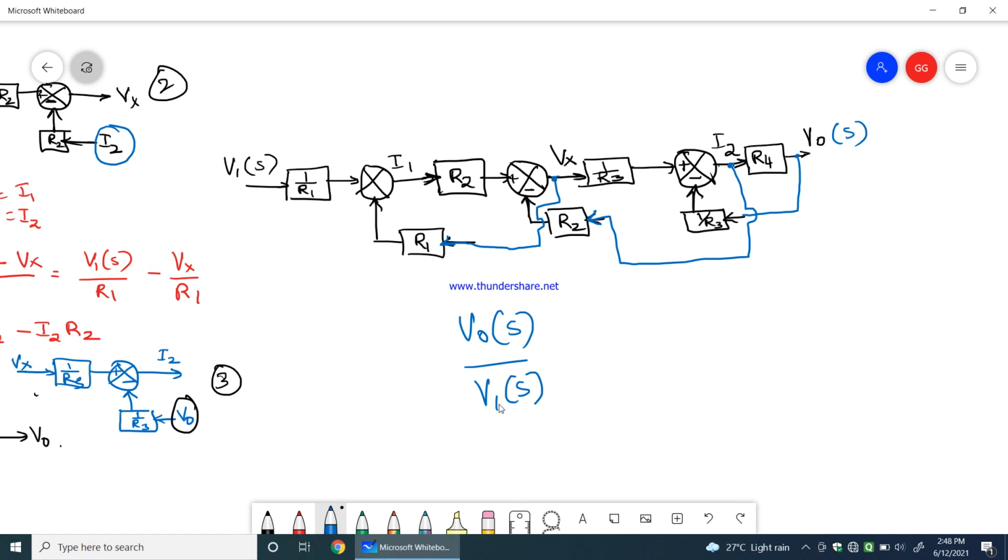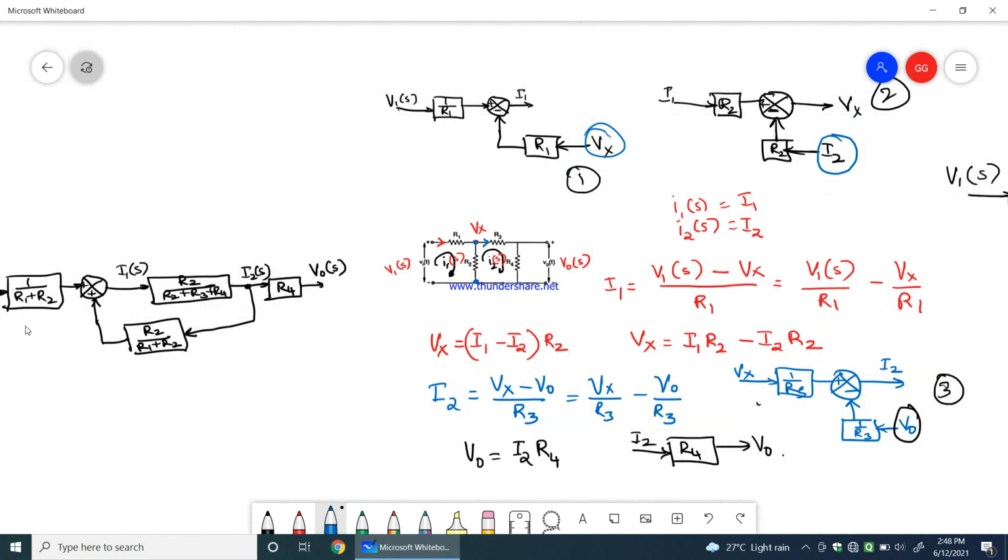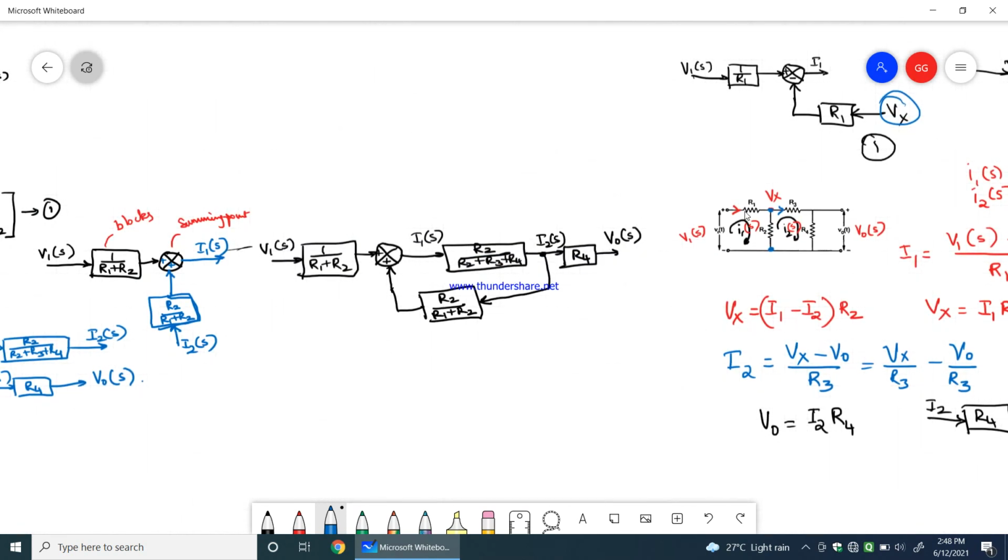If you apply block diagram reduction techniques for this diagram and for the other diagram which we wrote earlier, you can see that the transfer function remains the same for both block diagrams. Because the circuit is the same, we have only written different block diagrams.